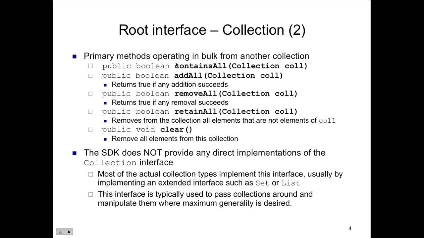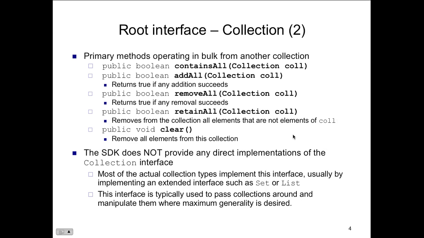To continue. Primary methods operating in bulk from another collection: does it contain all, add all, remove all, retain all from this collection versus that collection. Clear removes the elements from the collection.